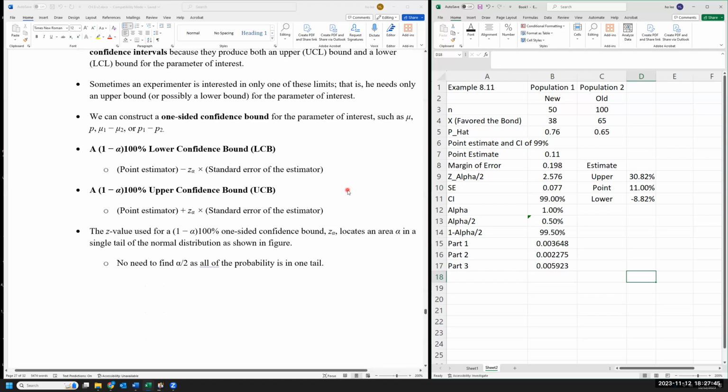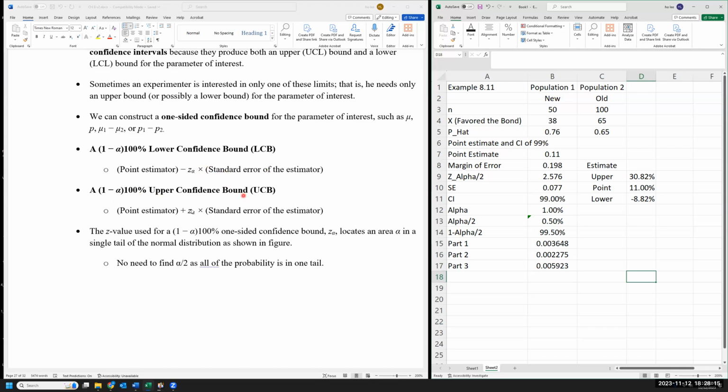Okay. So then to calculate this, if we only care about the lower limit, it's point minus margin of error. Look, it's z of alpha, not z of alpha over 2, because all of the error goes to one side. We don't have to split it to two different tails. And that's multiplied by the standard error.